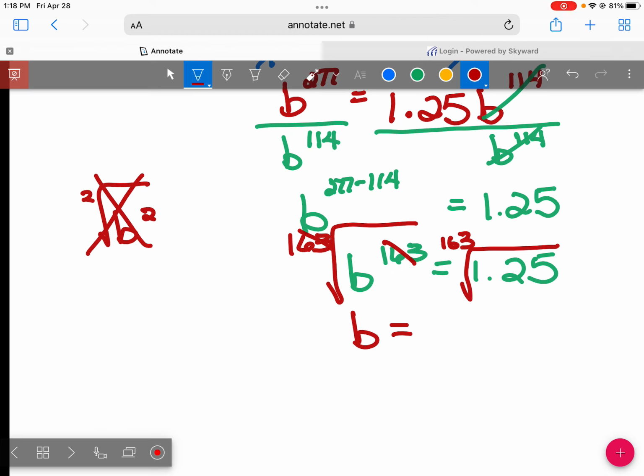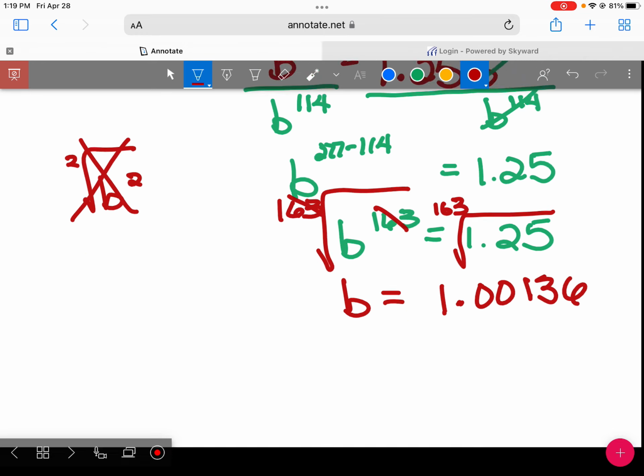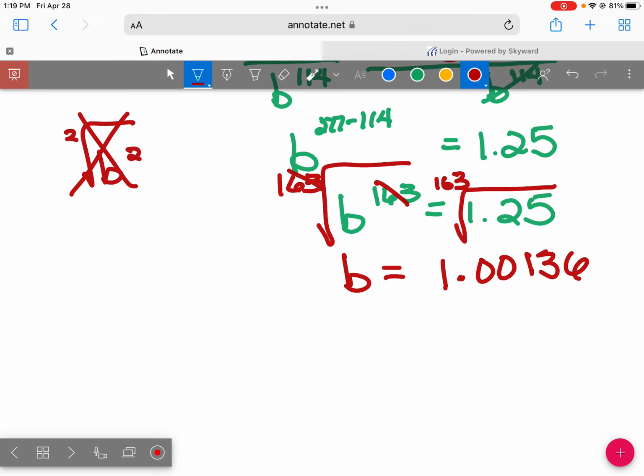So B is 1.00136. Is that what you guys got? Did everybody try it? Okay. That is my growth factor.